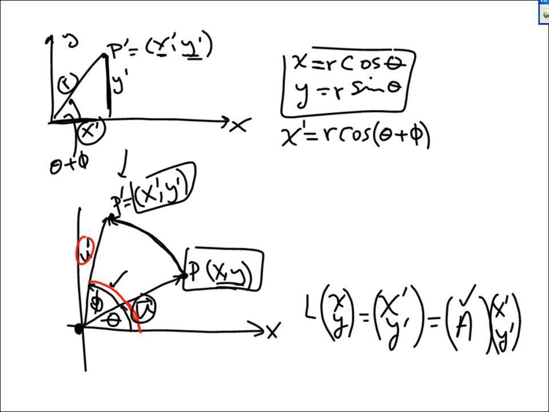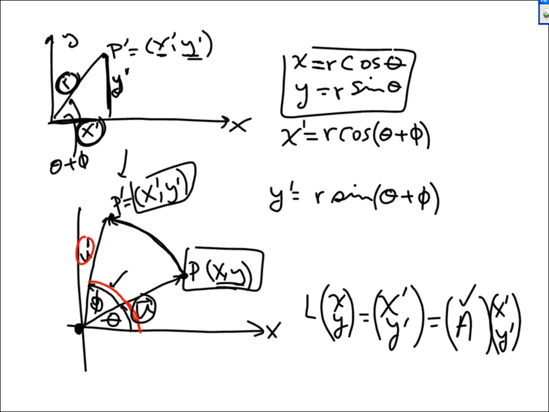And now, the sine of theta plus phi is, sorry, the sine is opposite over r. Well, the over r just comes up there. The y prime goes up there.